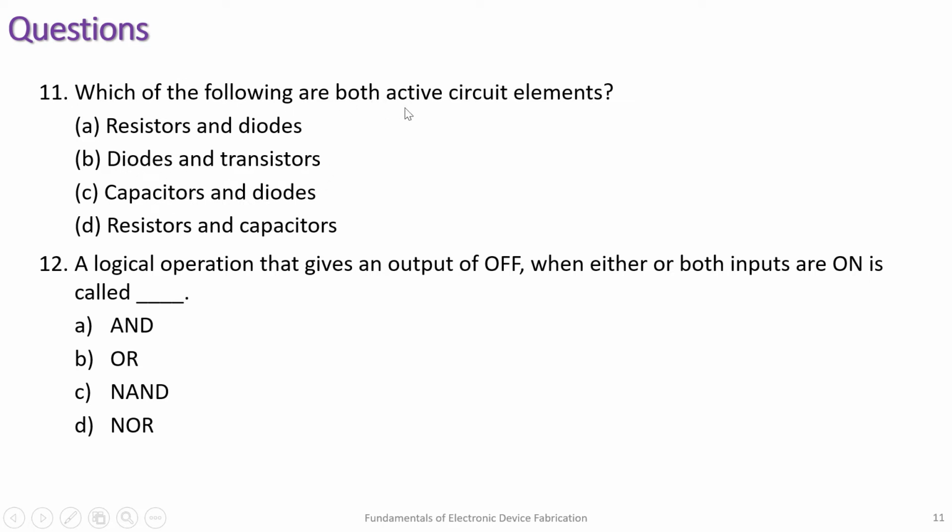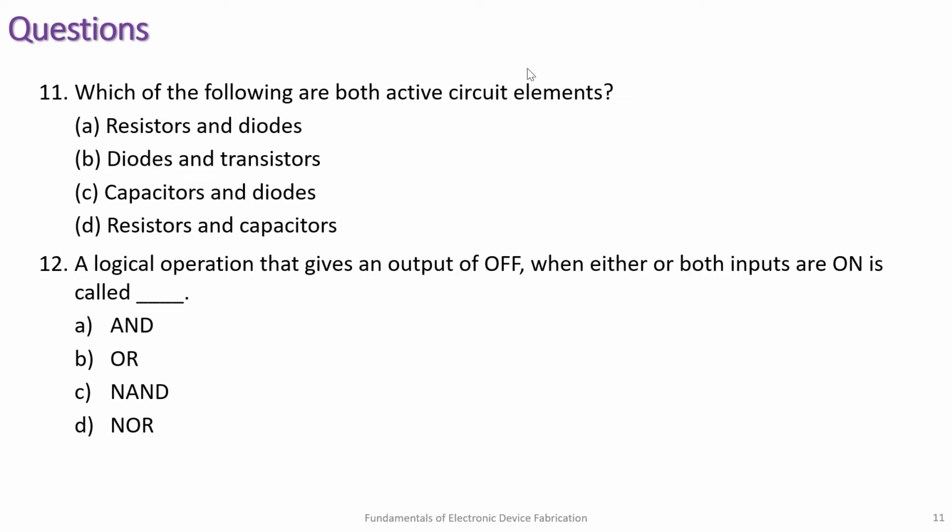Now, can anybody tell me the difference between active and passive circuit elements? What are their functionalities? Why are they called active elements, and why are some called passive elements? And what would be the passive elements?